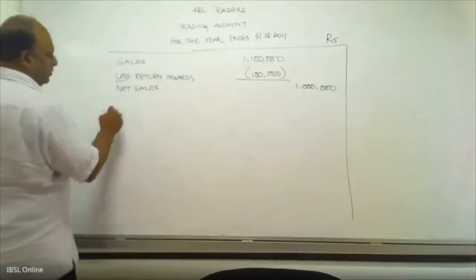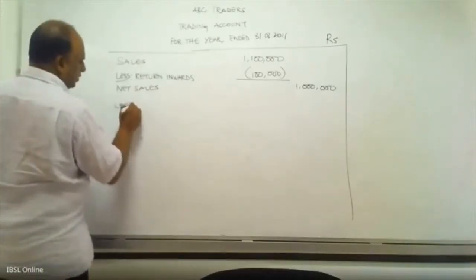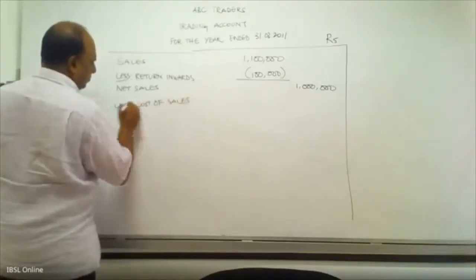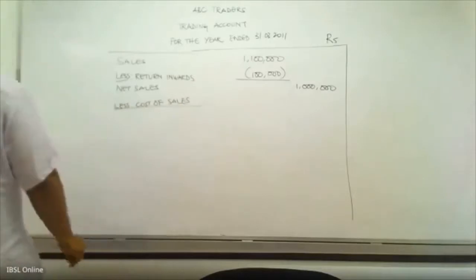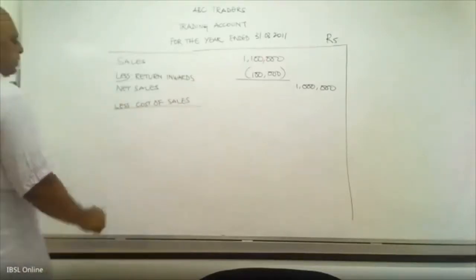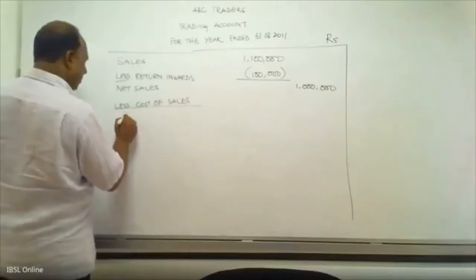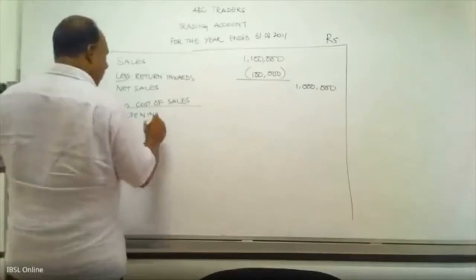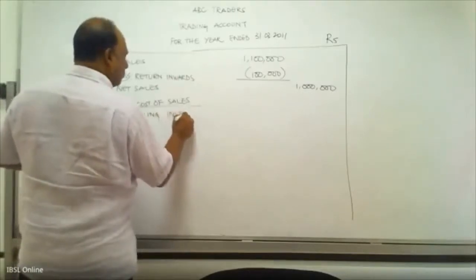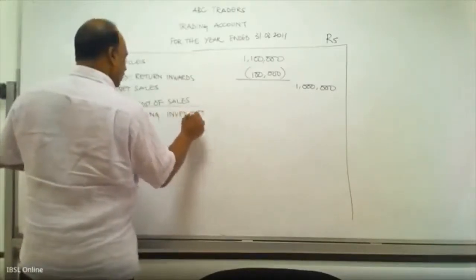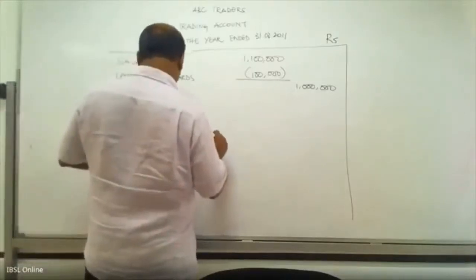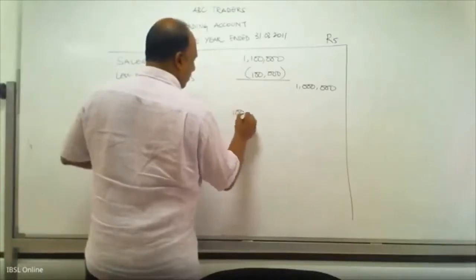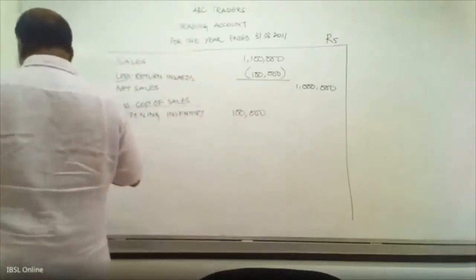Then you have to deduct, less, cost of sales. So how do you calculate the cost of sales? First you will put, so I have already given you the template, I am using the same thing, opening inventory. Then you will add purchases.